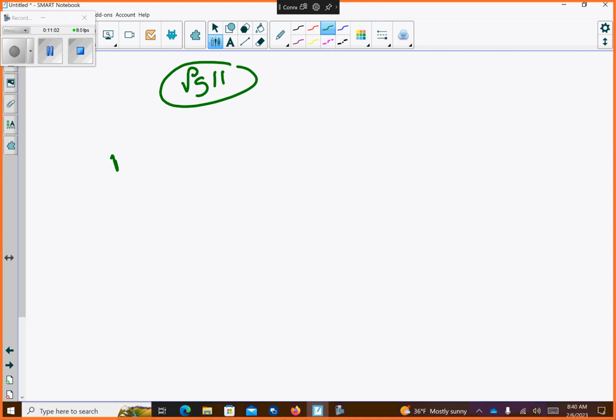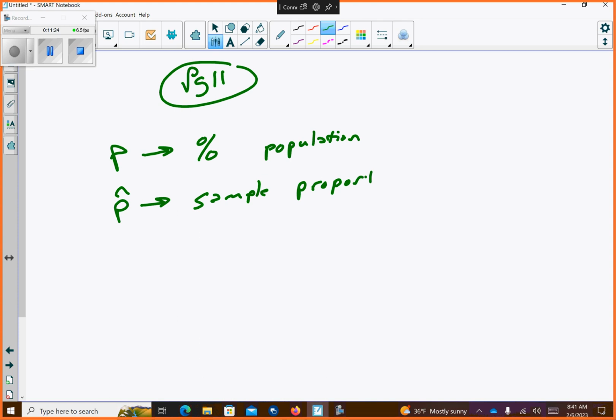So P is going to be the percent. This will be the population proportion. And then you have P hat, which is the sample proportion, or sample percent.